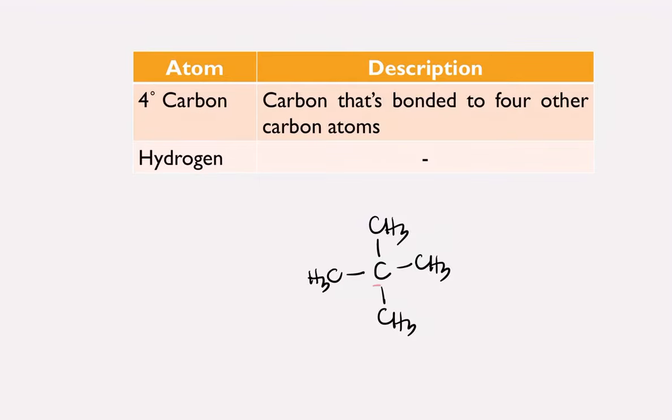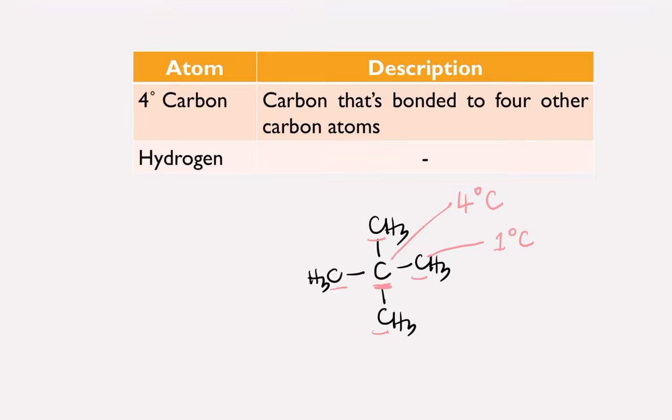Alright, so let's say you have this carbon here that is attached to 1, 2, 3, 4 carbons. That means it is only attached to carbons, no hydrogens. So this carbon is a quaternary carbon. Okay, this one, how many carbons is it attached to? Just 1, right? So that's a primary carbon.